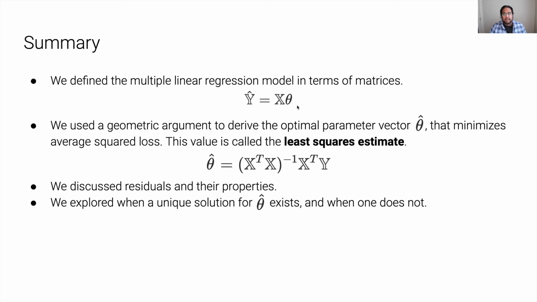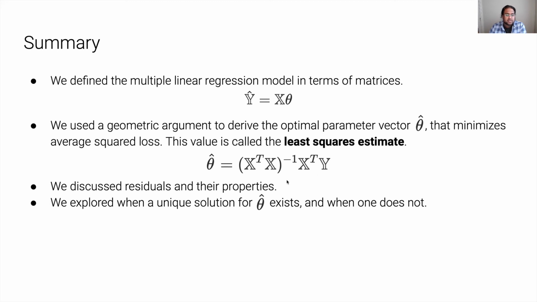We used the geometric argument to solve for the optimal parameter vector that minimized average squared loss, and that was (X transpose X) inverse X transpose y. Another name for this term is the least squares estimate. It is an estimate because we learned its value from the data, and least squares because it is the value that minimized the average square of the residuals.